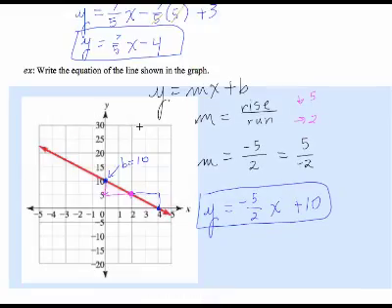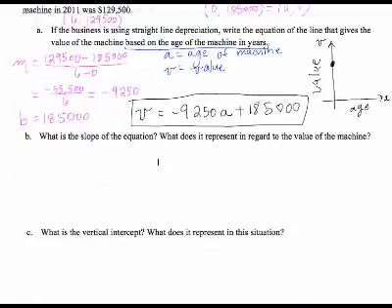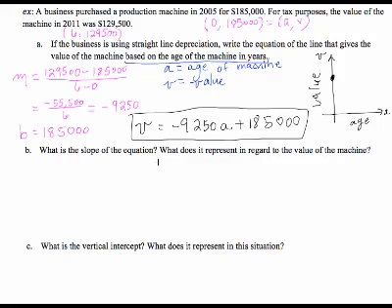With that, what is the slope of the equation? Well, we can just read it off. The slope is negative 9250. But the real question here is, what does it represent in regard to the value of the machine? Let's look at this over here. This is just some exploratory math. Let's plug in A equals 1 and see what happens after 1 year.